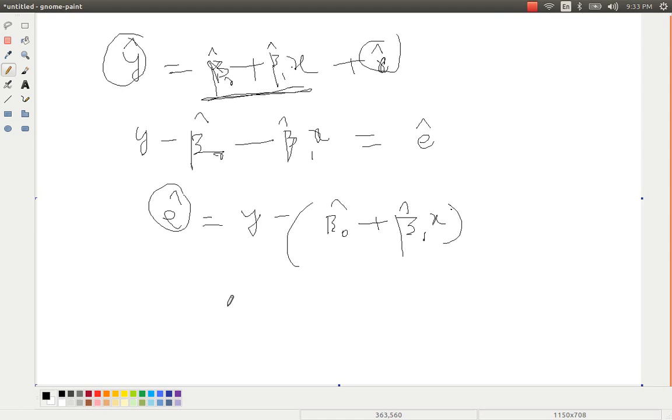So in this case, let's say we have some regression, the actual trend line, and we have the regression line passing through these data points.